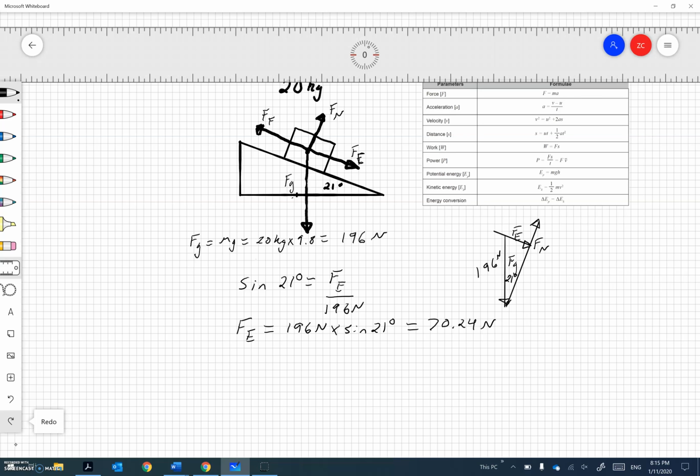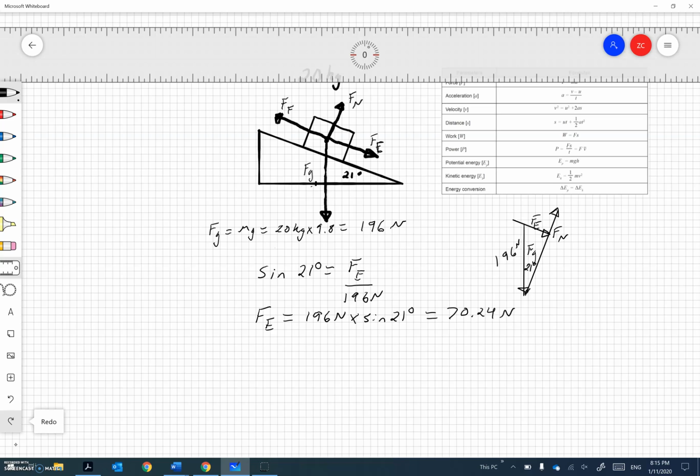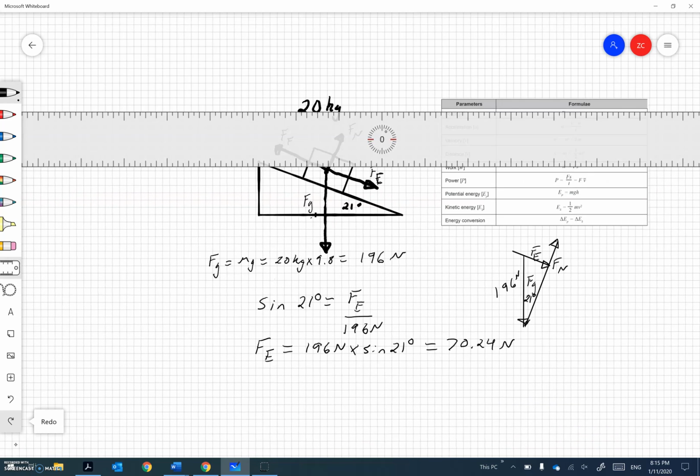Now if we want to know the acceleration of this box as it goes down the slope, it's not equal to gravity because it's not directly going vertically down. It's actually partially on a slope. So if you think about it, this vector here, right? So our force vector, let's redraw that.